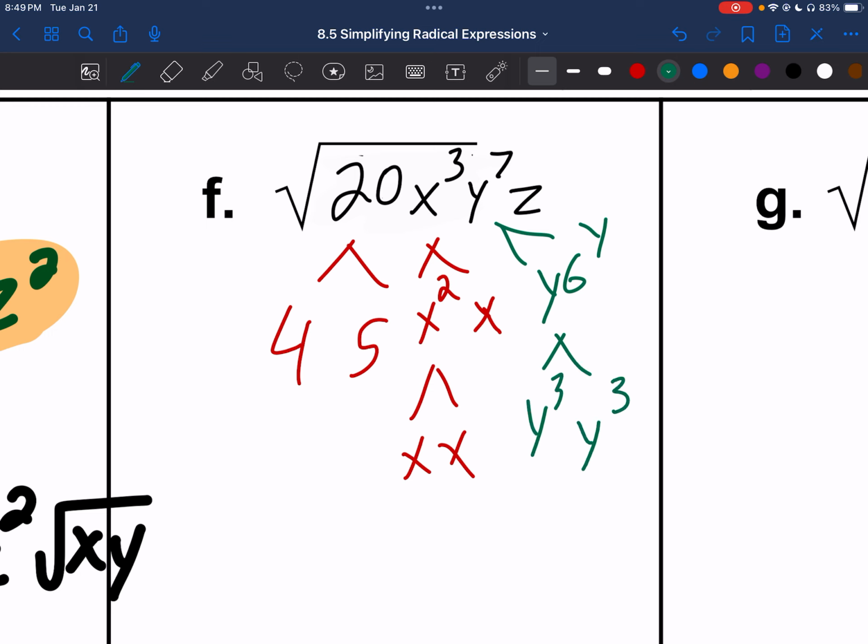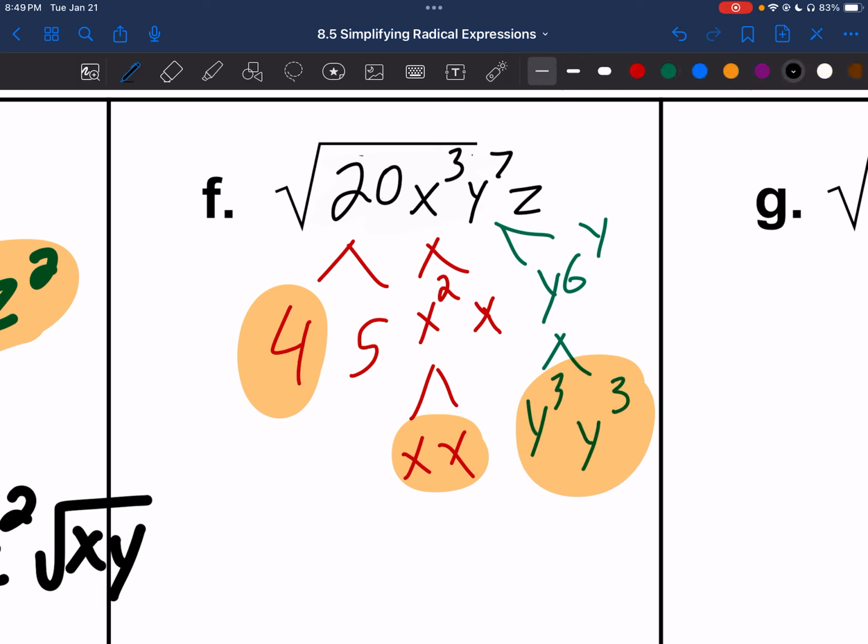So let's start breaking down what our pairs are. Square root of 4 is going to give me 2. We got a pair of x's, a pair of y cubeds, and that's what I got. So we simplify that. Square root of 4 is 2 x y cubed, and we're taking the square root of what's still left.